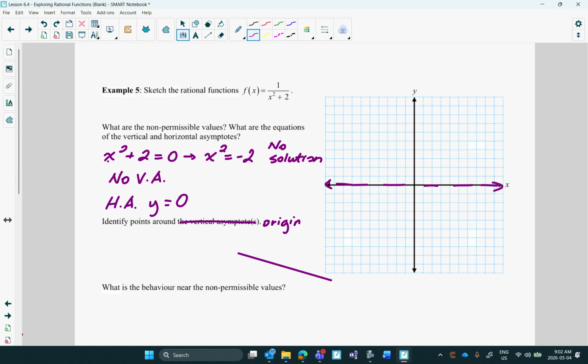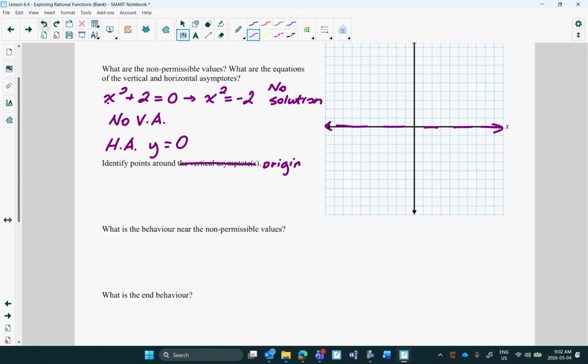So let's do x equals -1, x equals 0, and x equals +1. Well, what do I get? 1 over -1 squared plus 2 gives me a third. So -1, 1/3.